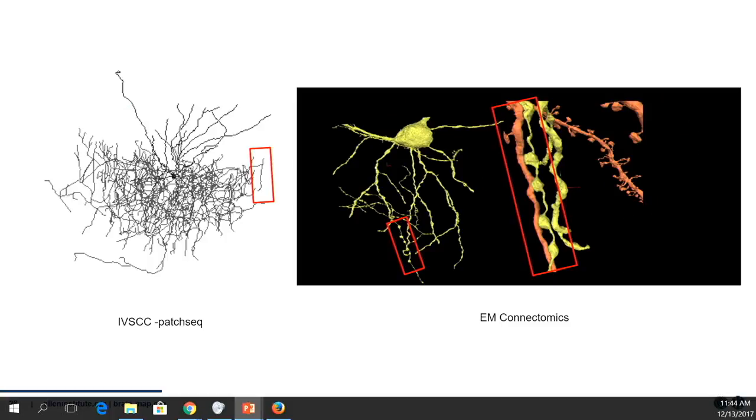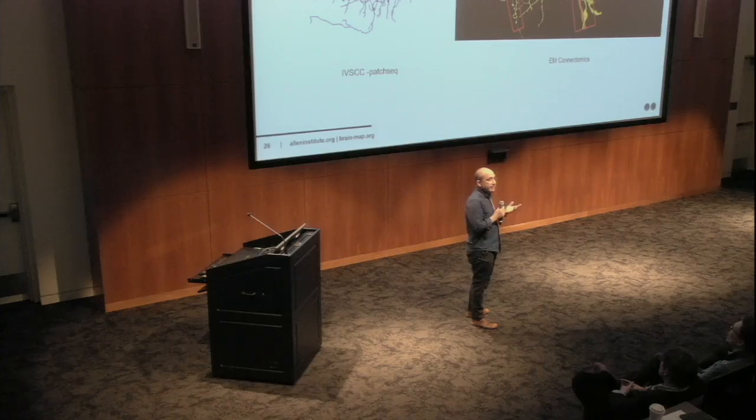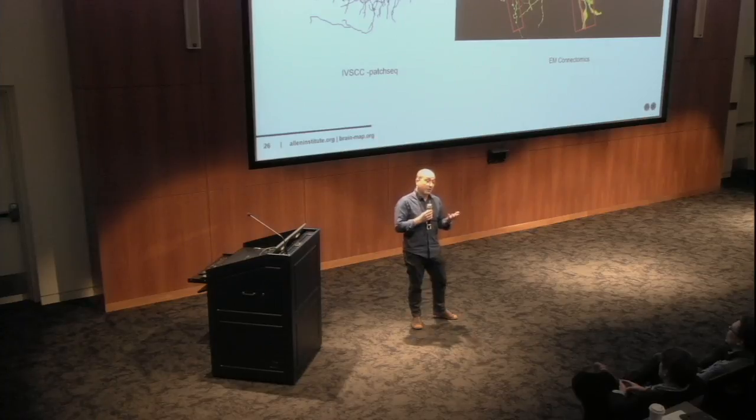Because if we are to find general rules of organization and operation, it's important to look over different species and over different areas. And some of the care that we took when developing this pipeline is to not make it dedicated for the mouse. And of course, one of the species that we are very interested in is our own.